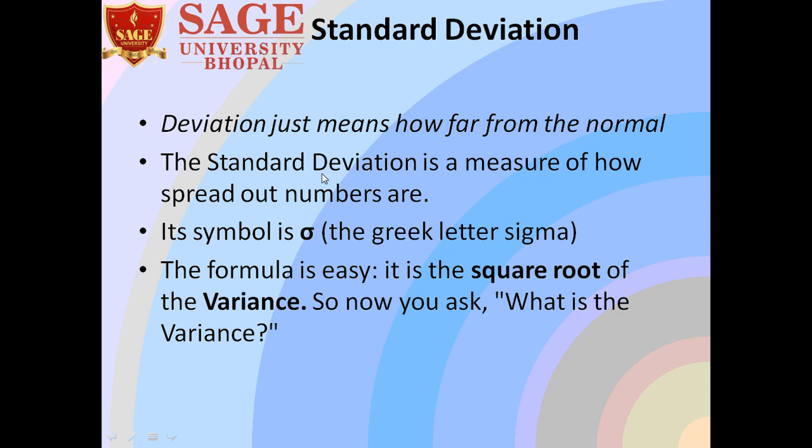The more spread out the numbers, the more advantage we get from calculating the standard deviation. The symbol sigma represents the standard deviation, and basically it is the square root of the variance. So the question arises: what is variance? First of all, we have to calculate the variance, and only then can we calculate the standard deviation.